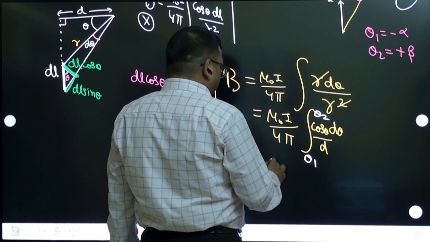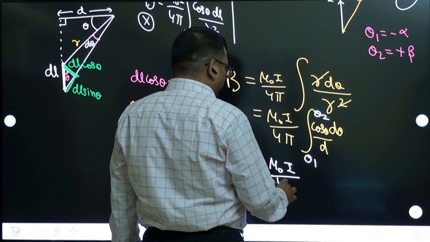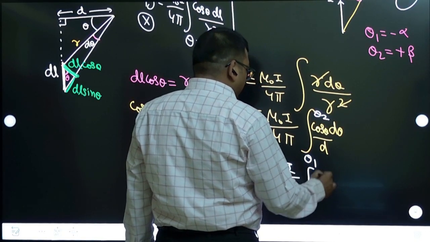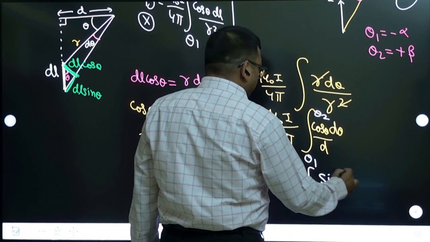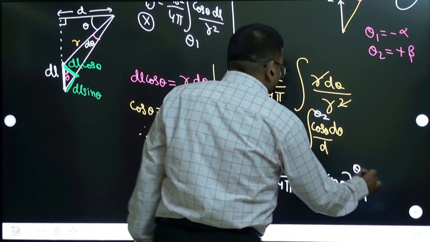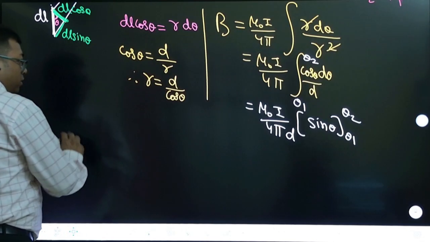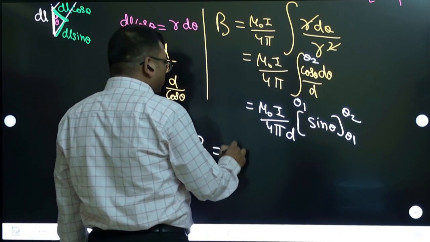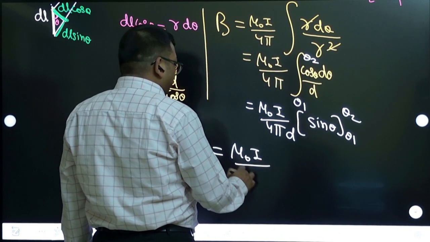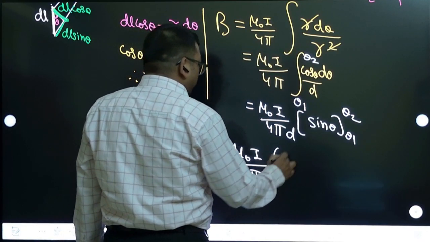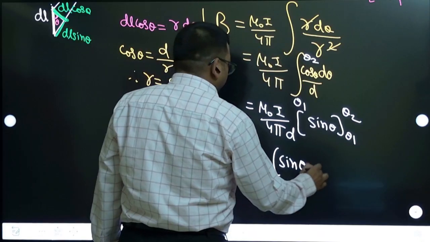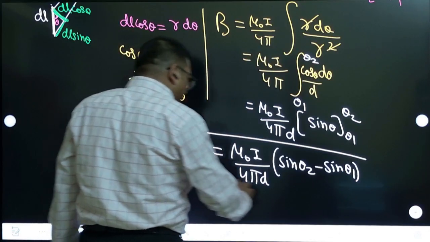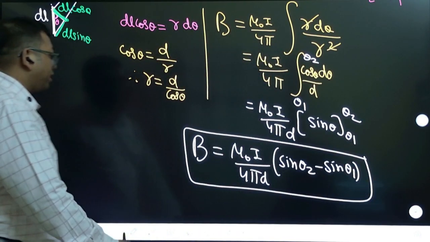So mu naught I by 4 pi d, d is constant. Cos theta integration is sin theta, from theta 1 to theta 2. So you got finally the magnetic field formula, mu naught I by 4 pi d times sin theta 2 minus sin theta 1. This is the final formula, and this formula is for a finite wire.